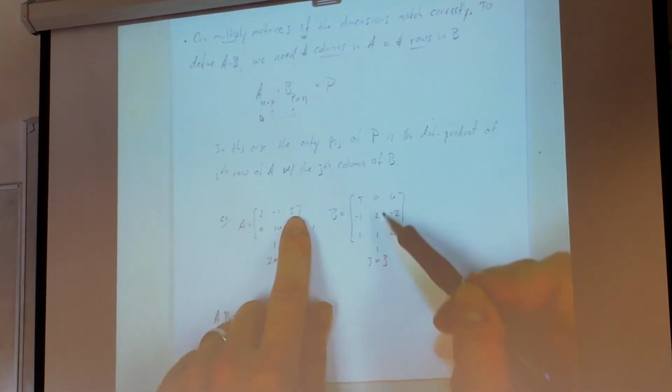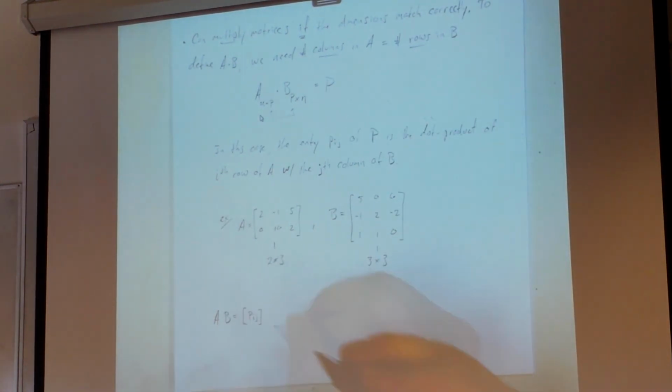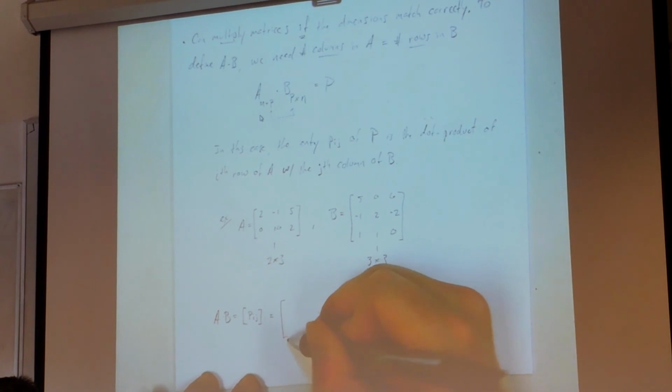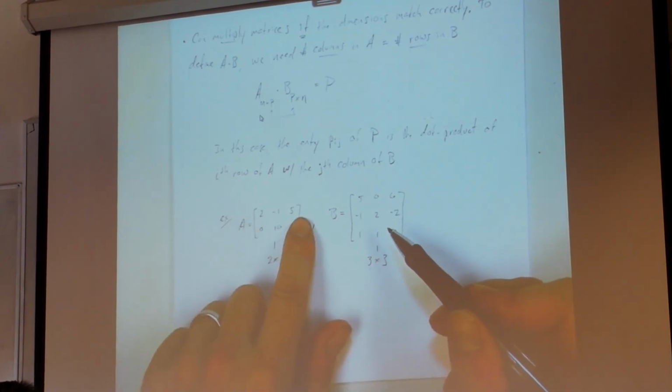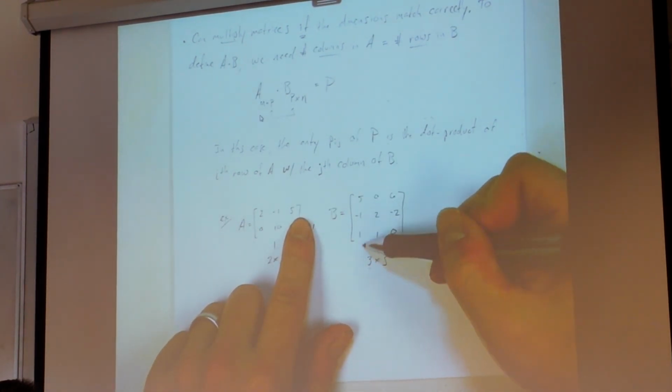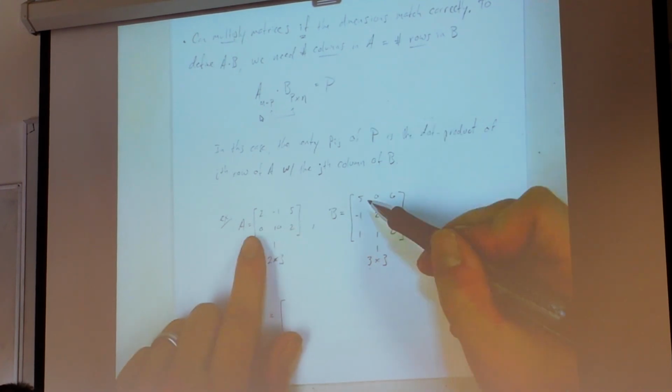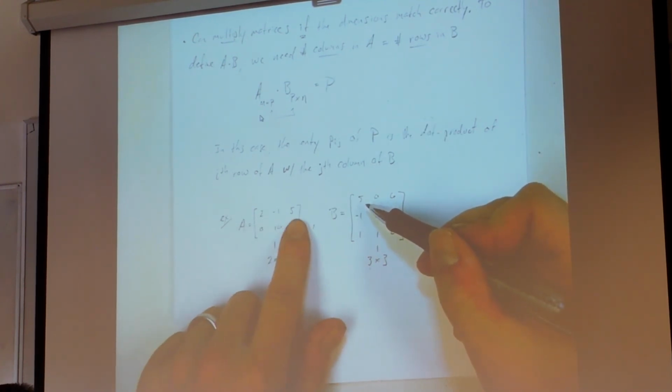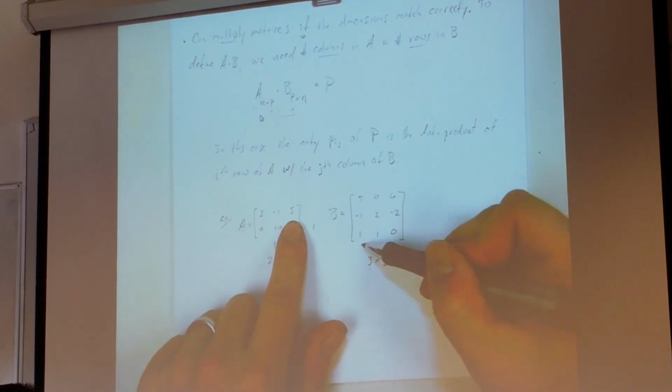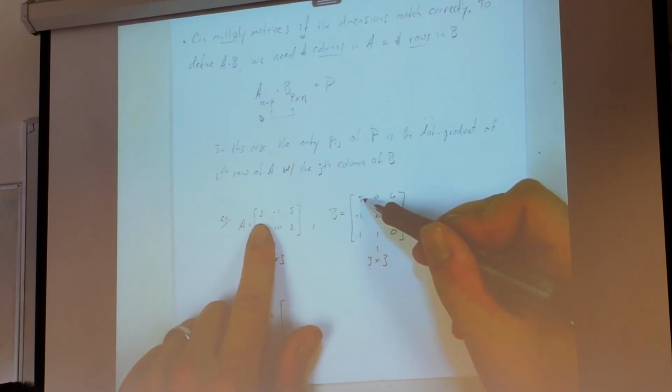Go across A and down B. So the 1, 1 entry of this product is the first row of A dotted with the first column of B. As I go across with my left hand, I'm going down with my right hand, and I'm multiplying corresponding entries.